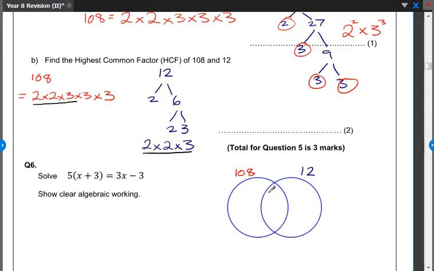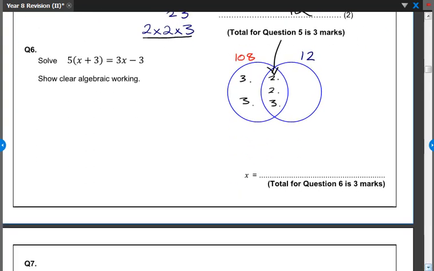So it's 2, 2, 3. What's left? 3 and 3 over here. See the HCF is obviously this, 2 times 2 times 3. So 2 times 2 is 4, times 3 is 12. So 12 is the highest common factor, because 12 into 12 goes once, and 12 into 108 goes 9 times. Okay, next one.